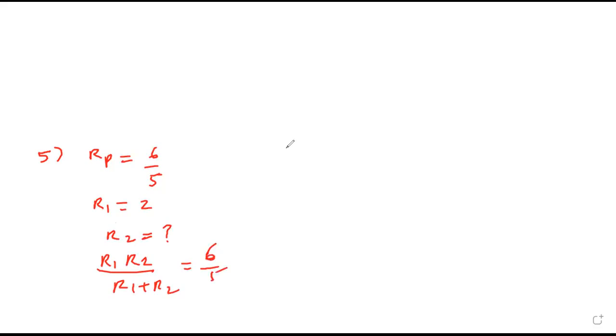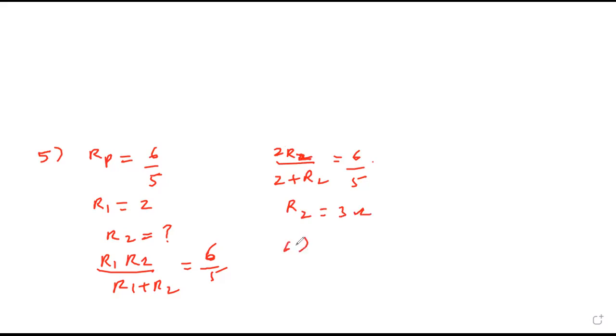One resistance is 2, the second we want. Orally, can you tell what will be R2 without doing much hard work? Sir, is it 3? 2 into 3, 6, 2 plus 3, 5. So directly you can say R2 is 3 ohm.